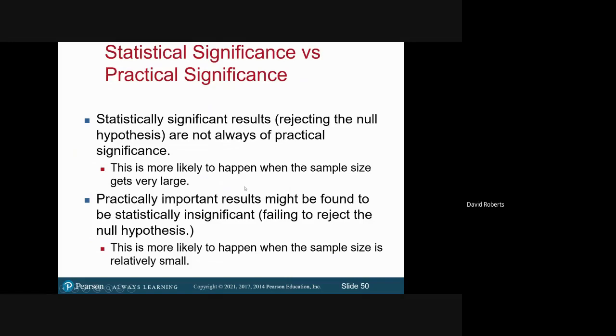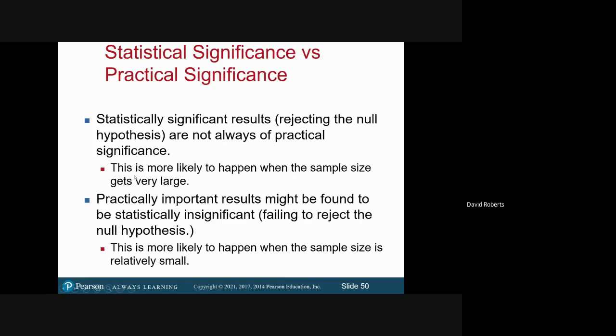You need to find out if the results are statistically significant. So are you going to reject the null hypothesis? And the sample size has a lot to do with the conclusions we can draw.